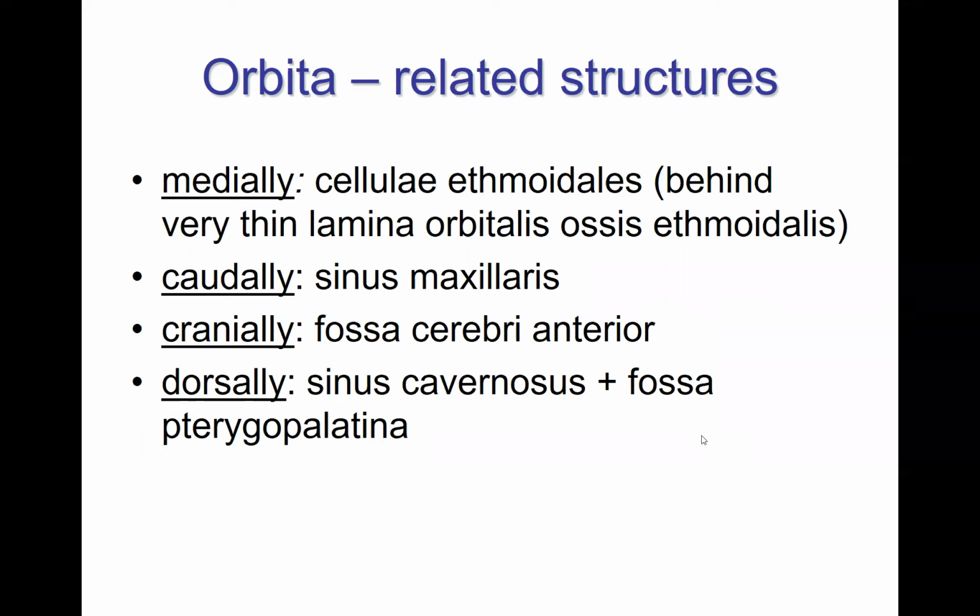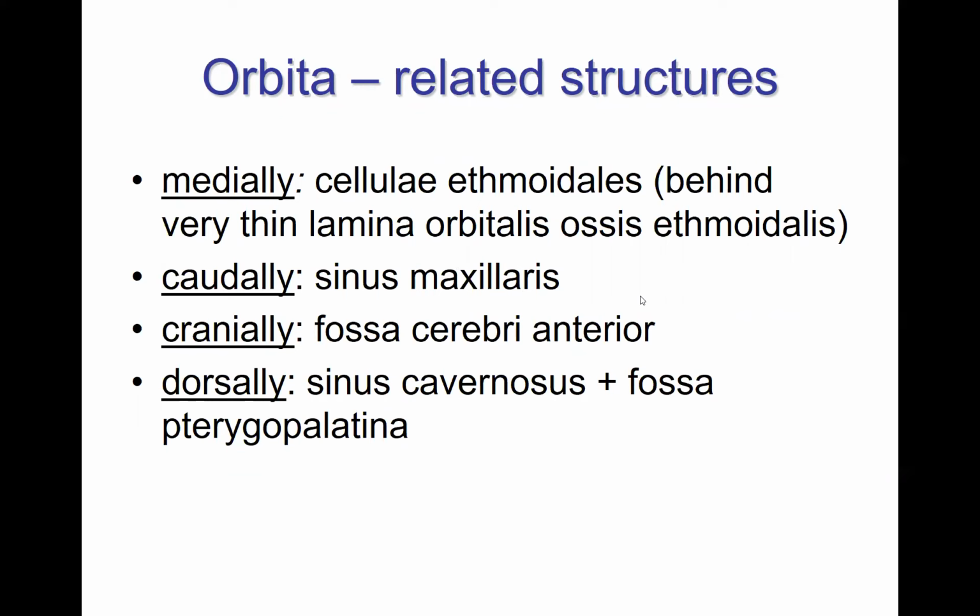And if there's an inflammation in the ethmoidal cells, the inflammation can penetrate this thin bony wall and enter the orbit, and the ethmoiditis can then change into orbitoethmoiditis. So the inflammation can spread into the orbit, into the structures surrounding the eyeball. So that's clinically very important, that this medial wall is very thin.